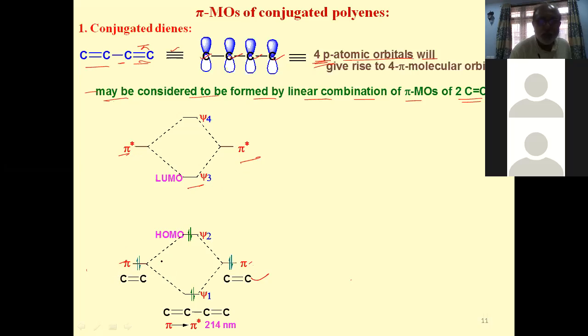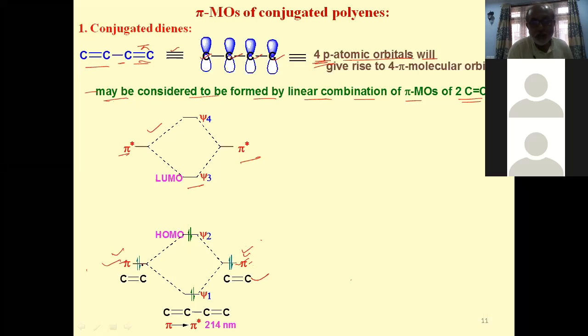Now, when the molecular orbital is formed, the combination has to take place with comparable energy. This one cannot combine with this one because they are too far away in terms of energy. So this one will combine with this one of another.